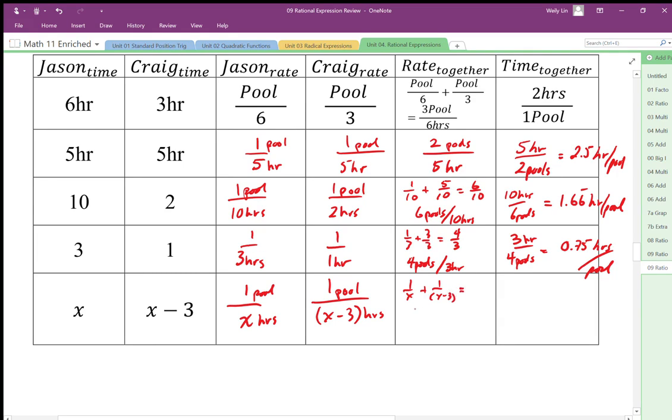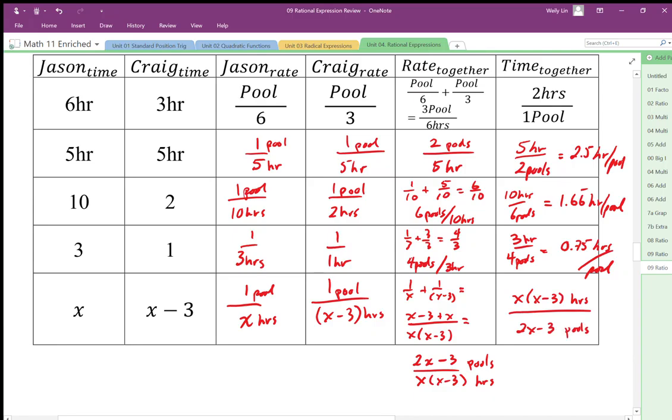Doing the algebra, we end up with X minus 3 plus X over the common denominator of X times X minus 3. So we end up with 2X minus 3 over X times X minus 3. This is the number of pools, and this is the hours. If we want a rate of hours per pool, we just flip that around.